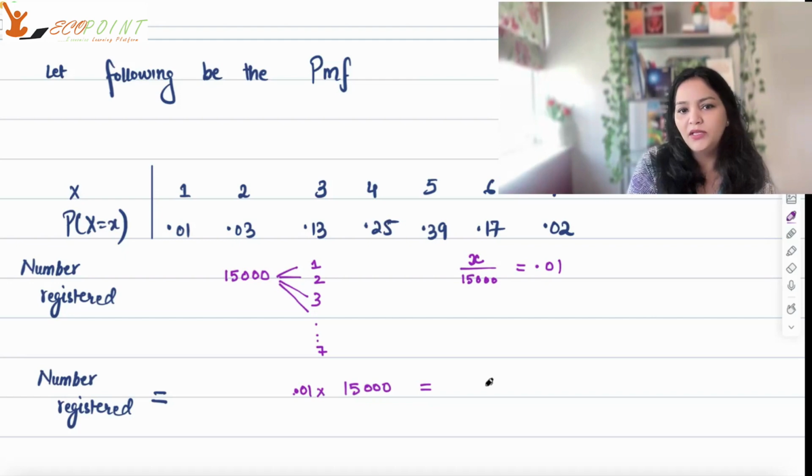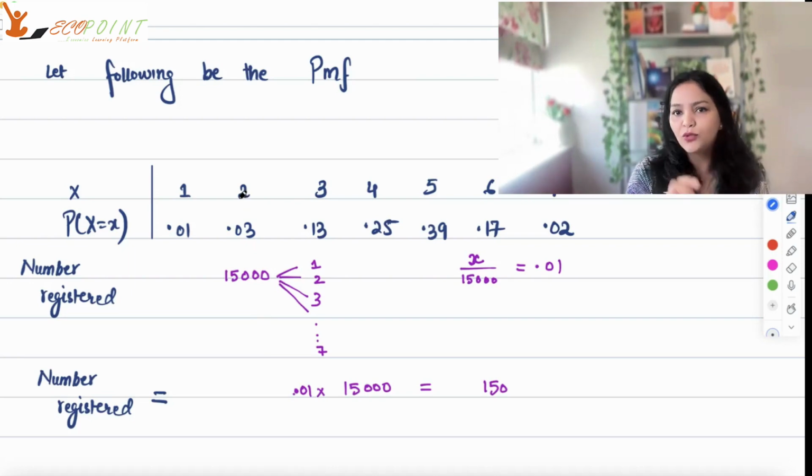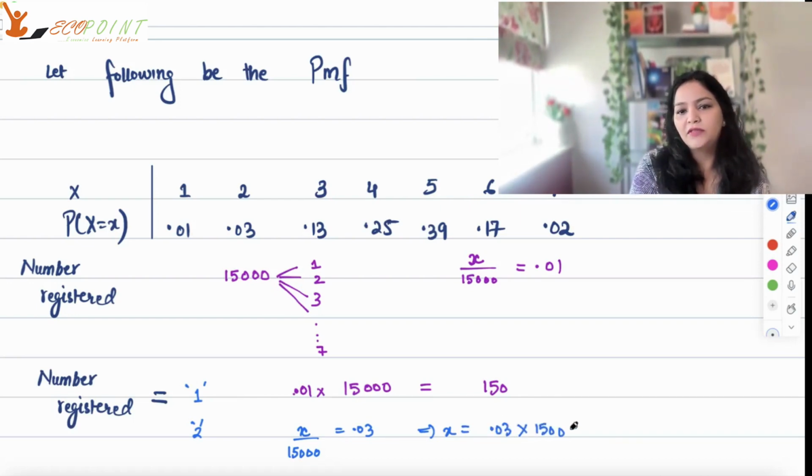So that would be 150. You can figure out how many students are registering for two courses. You have x upon 15,000. This time it is 0.03. So what does it tell you about x? It tells me that 0.03 into 15,000, so that gives me 3 into 150, that is 450 students.